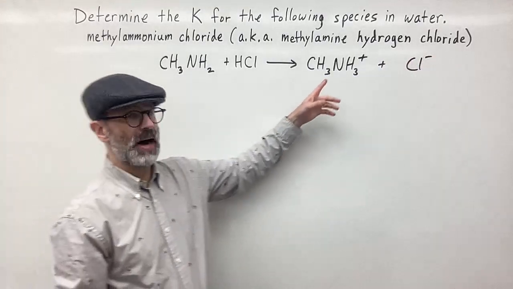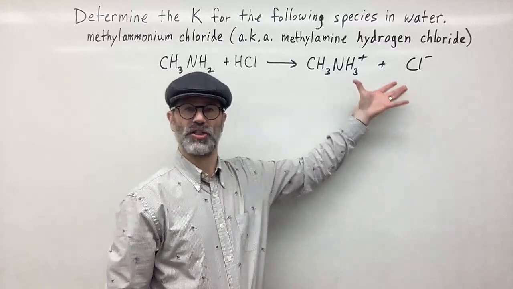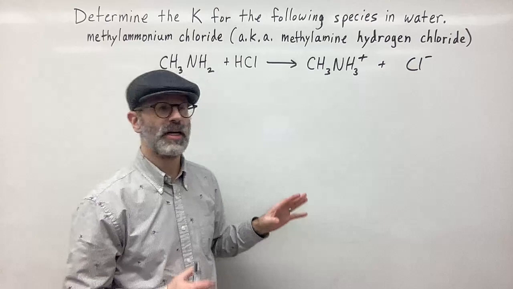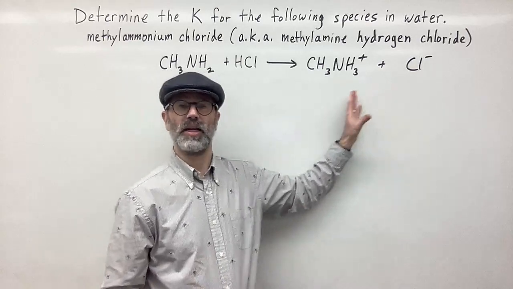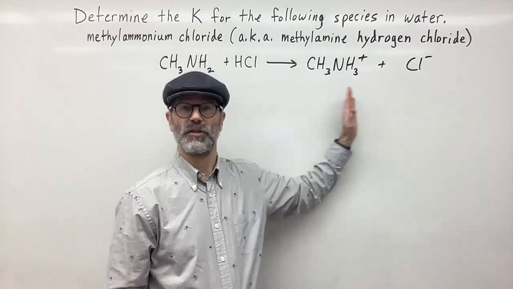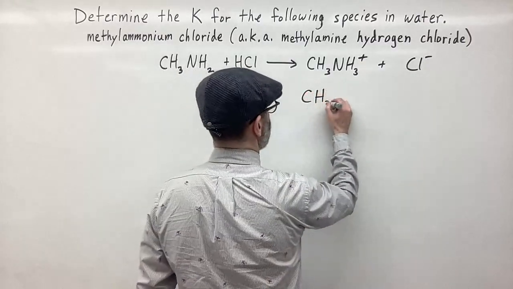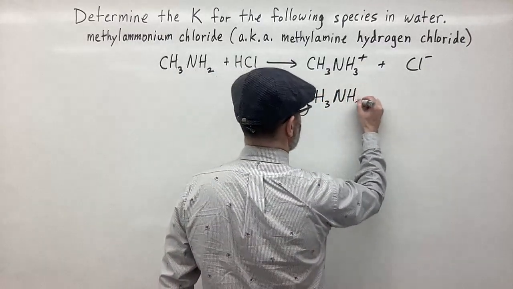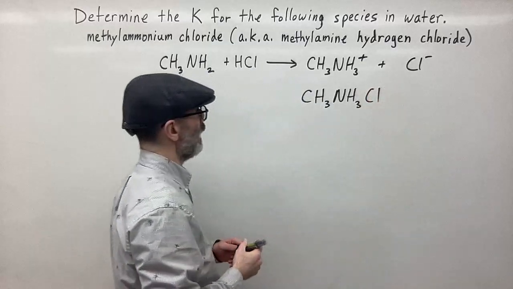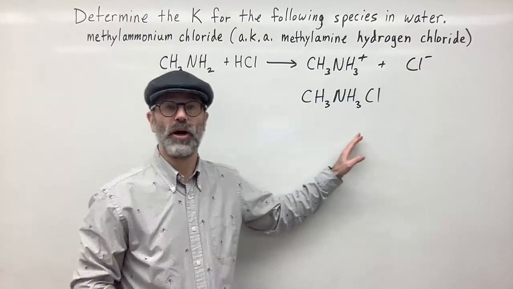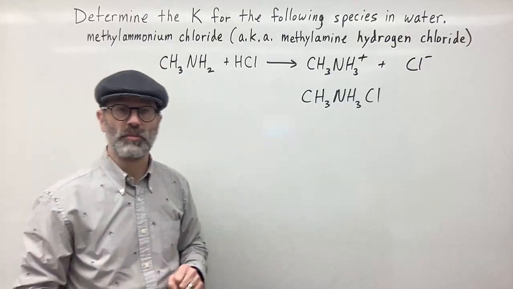And notice you've got a positive charge, you've got a negative charge. Those are going to come together, right? If this was in solution, they would be separated. But if this was a solid, they would crystallize to form the formula CH3NH3Cl. And so this, ladies and gentlemen, is your methylamine hydrogen chloride or your methylammonium chloride.